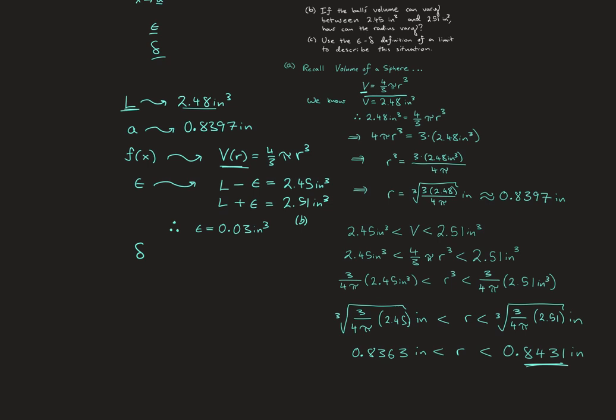So what's the plan for delta? We want to find the difference between this number and this number. Since this number is bigger, we can simply take this number and subtract off this number. So one possibility for delta is 0.8397 subtracted by 0.8363.